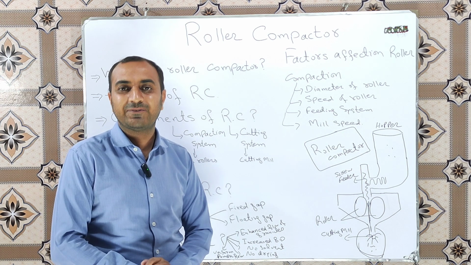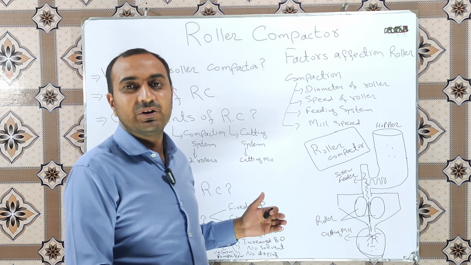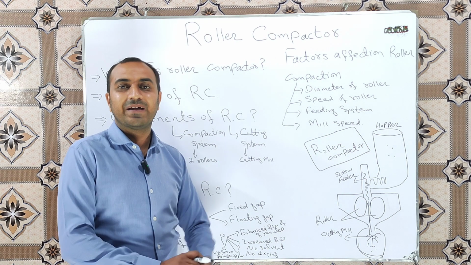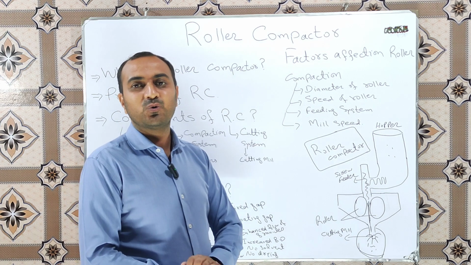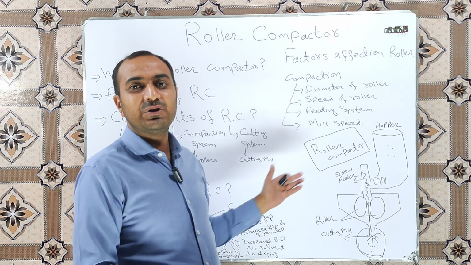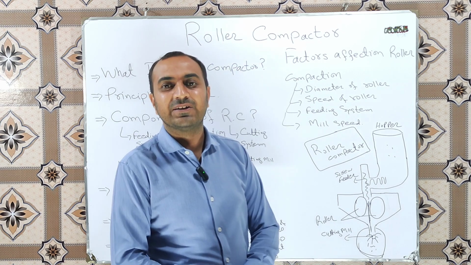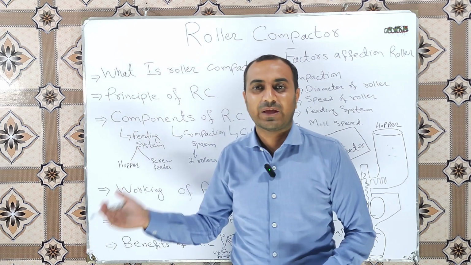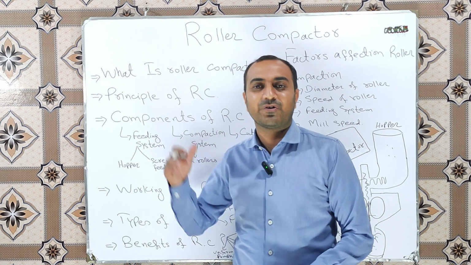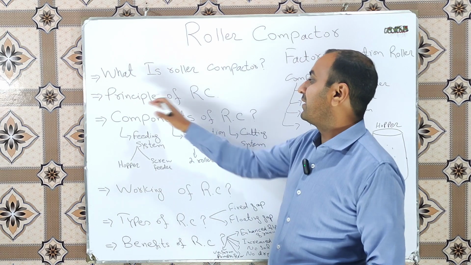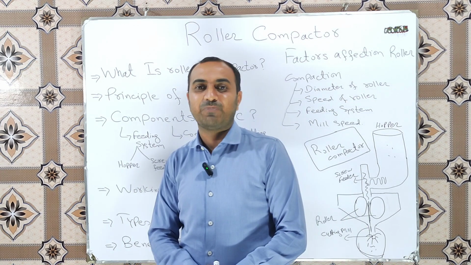There are many drawbacks of the slugging method, we will discuss in another video, and one of the most important drawbacks is the flow issues. So to overcome these issues, we use the roller compactor equipment in pharmaceutical industries for the manufacturing of tablets, capsules, or dry powder granules.